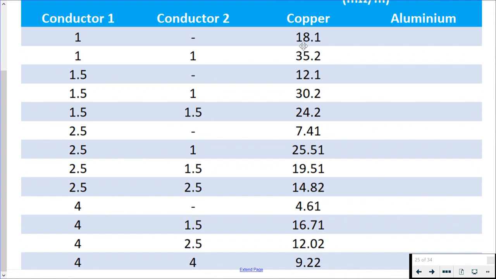Now it's not quite a quarter of the value of the first cable. That's because the resistances that we're dealing with are that small that there are some slight discrepancies in this table because generally we're going to 2 decimal places.